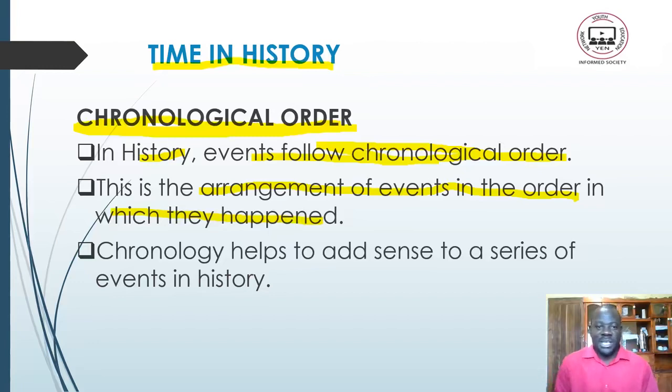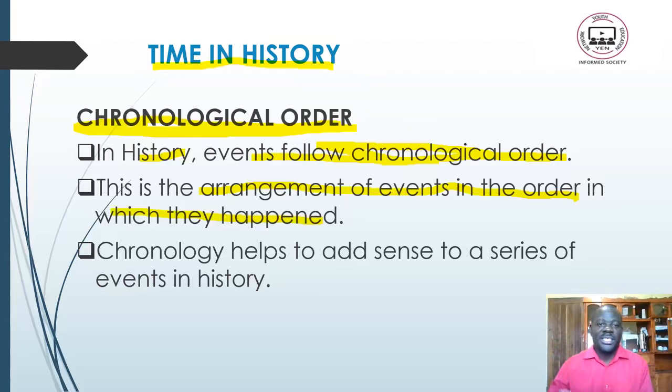For example, when we talk of elections, consider maybe the 2019 elections. What was the chronology of those elections? We started by registration. Then after registration, there was that campaign period.